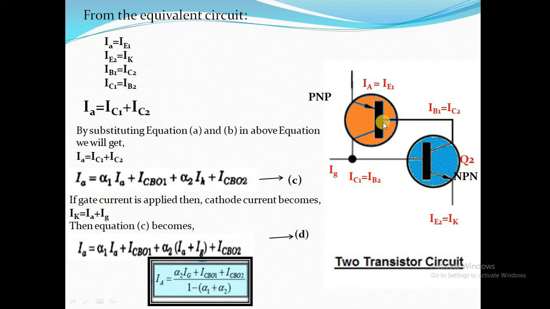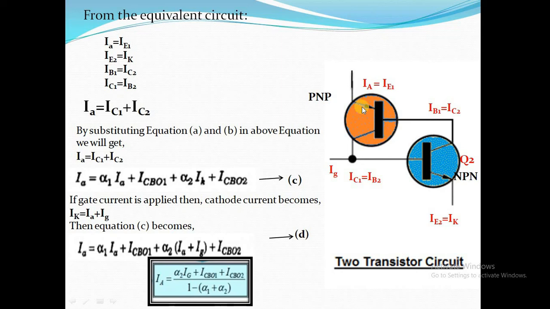So as the base is getting supply, the first transistor also turns on here. So by applying gate current, the base current of the second transistor flows, which makes the second transistor turn on, due to which the collector current of the second transistor flows, and this collector current is the same as the base current of the first transistor. Therefore the first transistor also turns on.